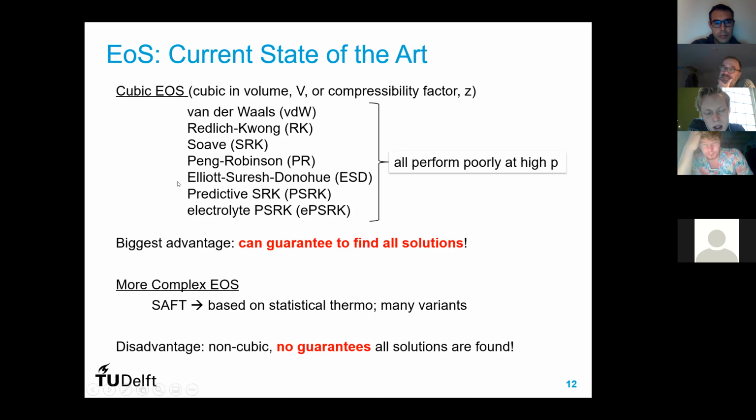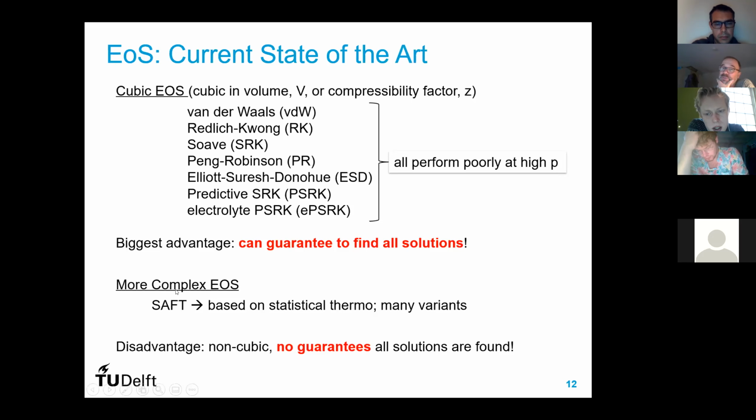All these equations, Redlich-Kwong, Soave, Peng-Robinson, etc., are some extension of the van der Waals equation of state. And the main attractive thing is that it's cubic. That means you always have at most 3 solutions.